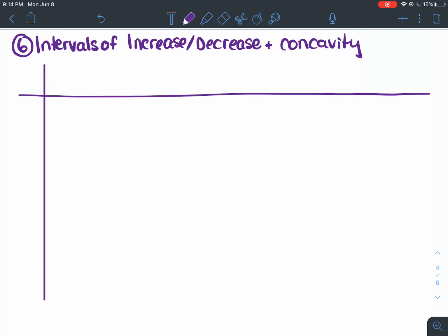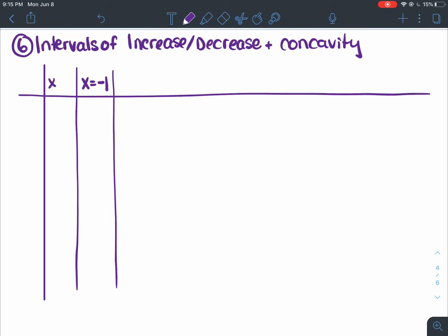Thanks for still watching. So you're going to make intervals. Your first critical point's at -1, if you're going from left to right. So in this part of my table, I want to hit everything that's less than -1. And then I want to hit the range of -1 to my next critical point, which is 1.75.